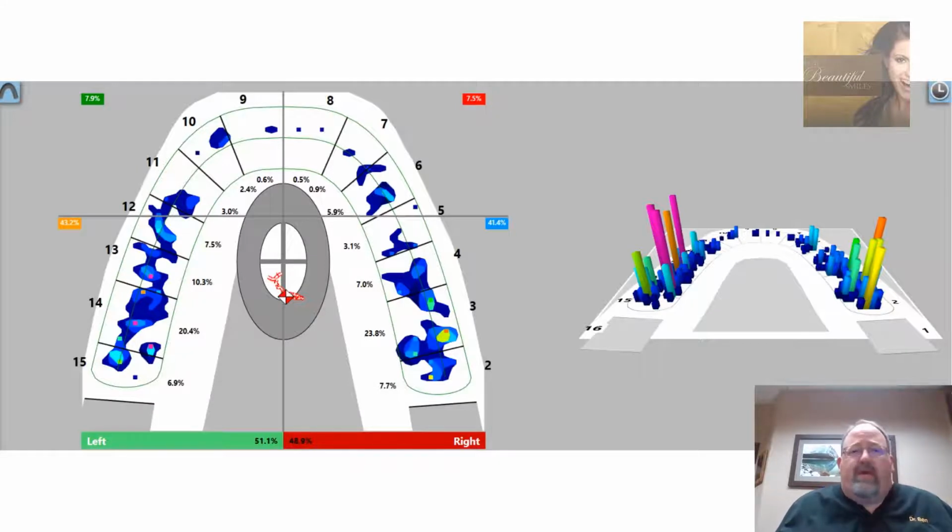So we schedule an appointment where I do a bite optimization with T-scan only, and these are for patients that are asymptomatic.